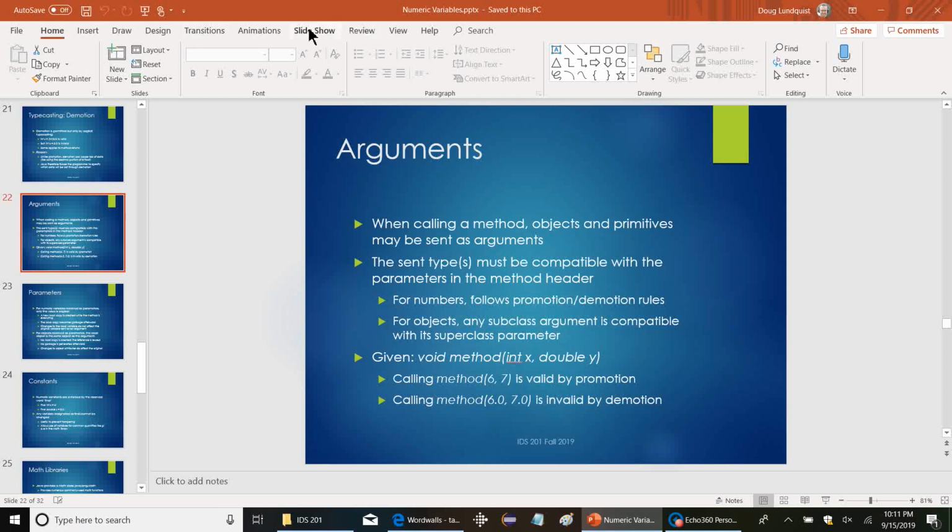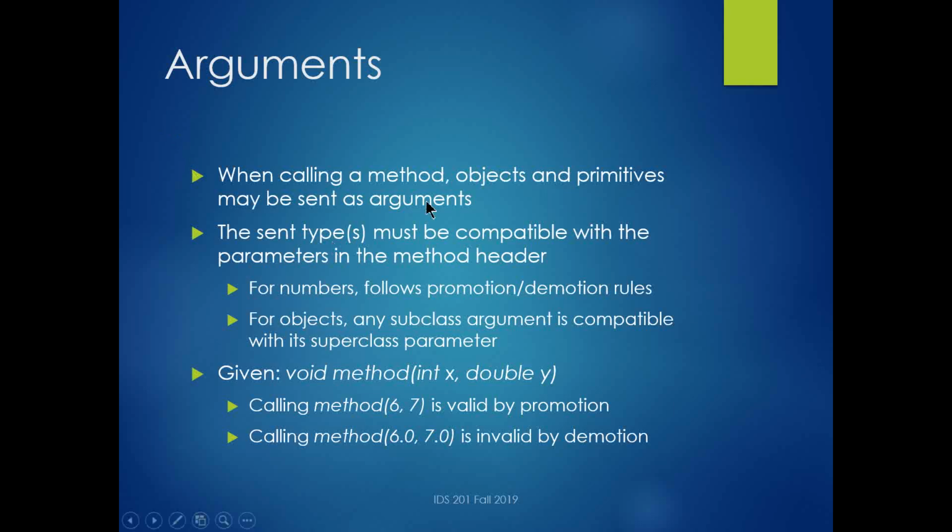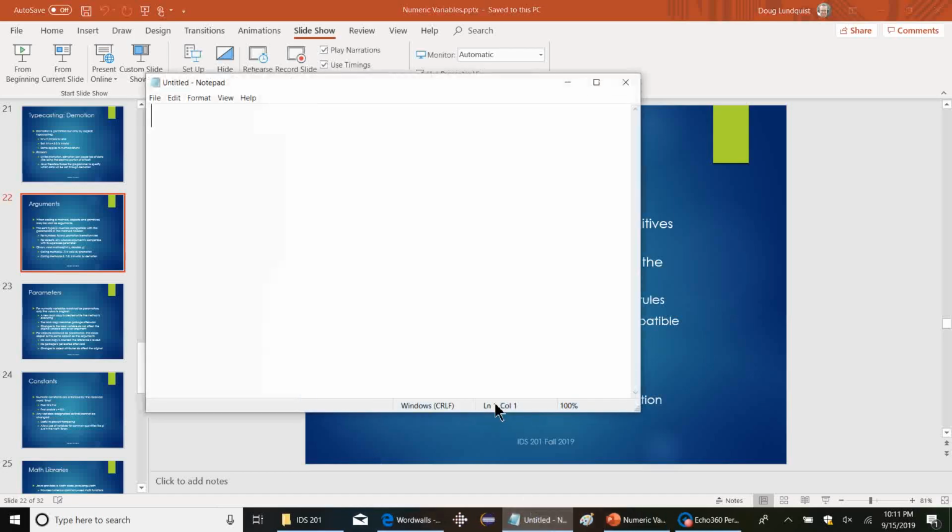Okay. So, when you're calling a method, you can always send an object or a primitive as an argument. For example, in the method call, do this in Notepad. If I'm calling a method, the method exists somewhere in the class definition as void method, and maybe it takes a String s. And here's the method, and some statements go here.